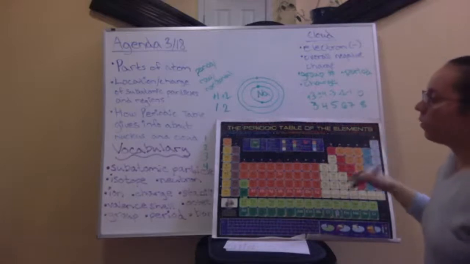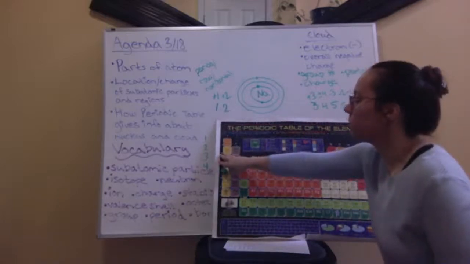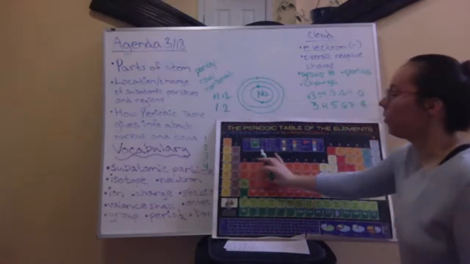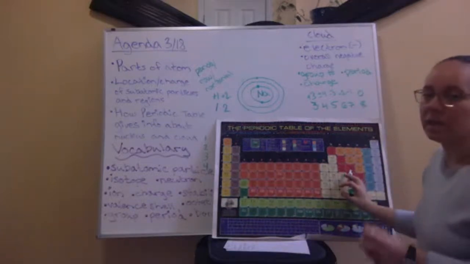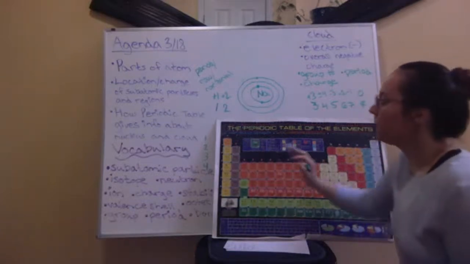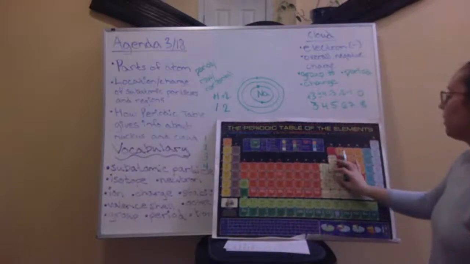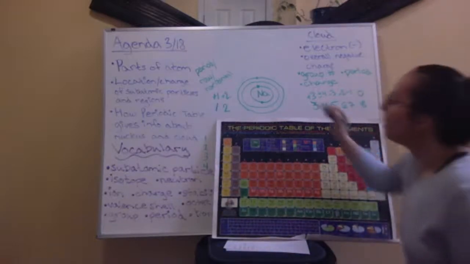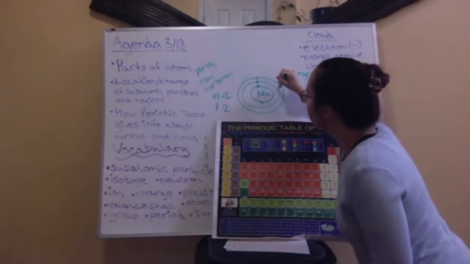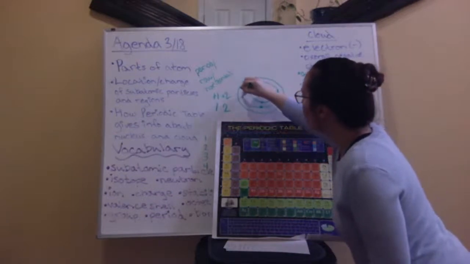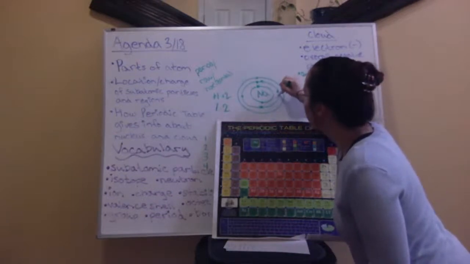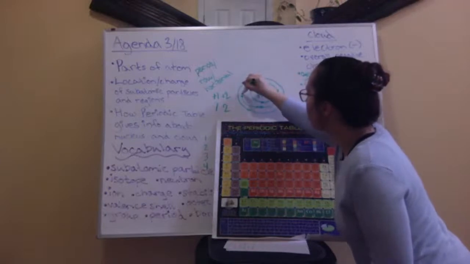Right now we keep going. We start with period 2 or ring 2, and we count the elements, and we're just going to keep going until we get to our element, which is sodium. So ring 2, we have 1, 2, keep going, 3, 4, 5, 6, 7, 8. So on ring 2, we're going to have 8.